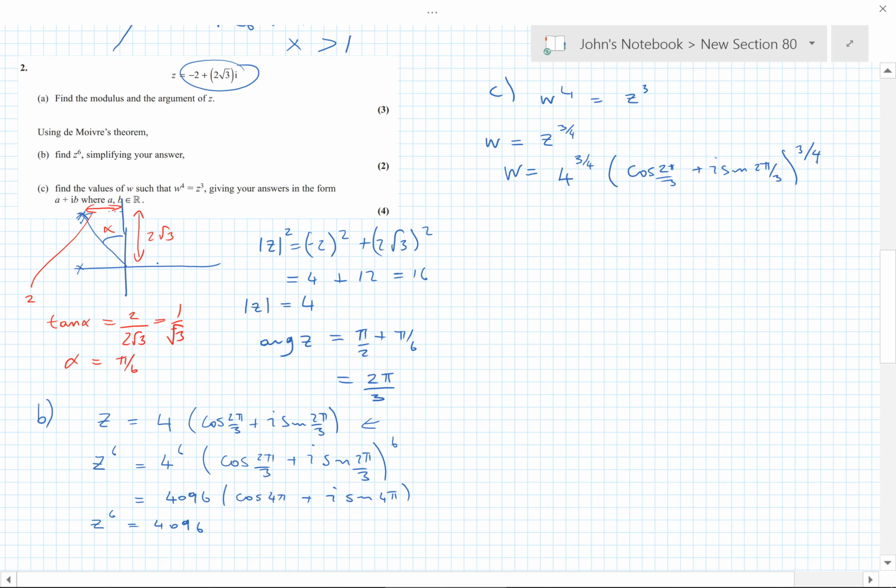Right, okay, so we have 4 to the power 3/4. That's just going to be equal to the same as 2 to the 3 over 2. So that's 2 to the square root of 2. Now we've got one possible answer here.